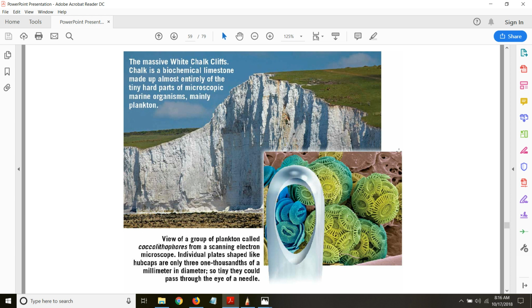This is where I want you to appreciate the diversity of scale that we observe in the study of earth science or geology, something that we discussed in the introductory topic, going from microscopic scale to hundreds and thousands of meters of scale.